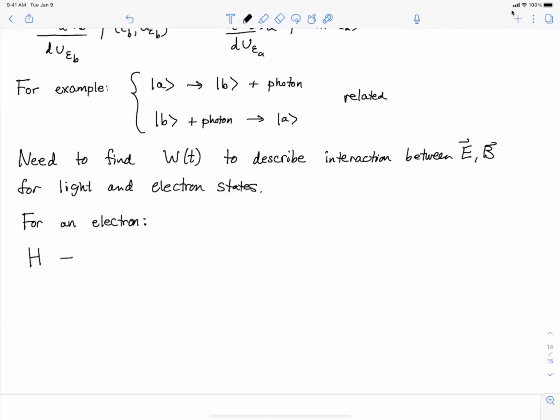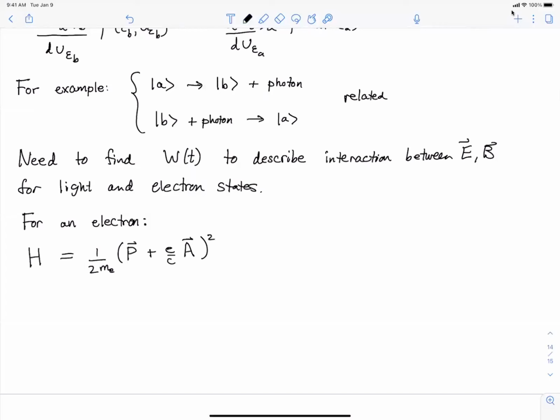The Hamiltonian contains, first of all, a kinetic piece where I'm dividing by twice the mass of the electron. So if there were no electric fields here, I would just write P squared. But if there are electromagnetic fields, the thing I'm supposed to write is P plus e over c times the vector potential A, and then I square the whole thing.